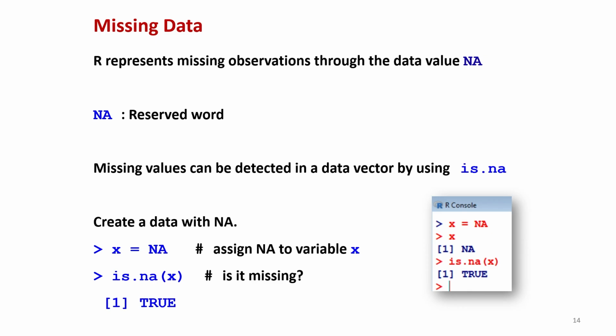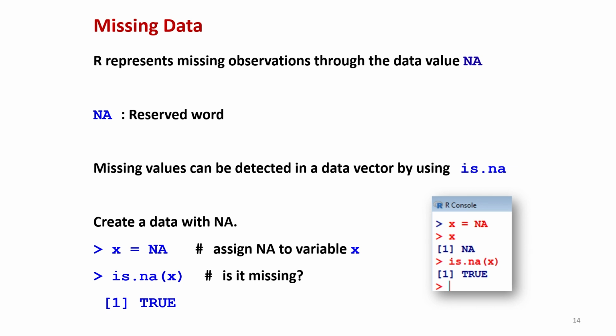Now I come to another aspect of data analysis. Many times when we are trying to collect the data, some gets missed and data is not available. For example, suppose I am conducting a survey in some locality, and I have to go to 5 houses, house number 1, 2, 3, 4 and 5.